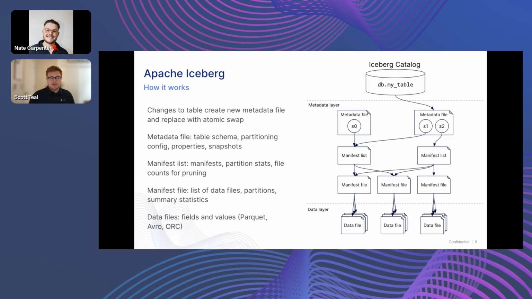Then there are metadata files that keep track of the table schema, partitioning, properties, and snapshots. There's the manifest list that keeps track of the various manifests, the partition stats, and file counts for pruning and query execution. Then the next layer down is manifest files, which is essentially a list of data files, partitions, and summary stats. And at the lowest level are the actual data files, which, if you were to query a table, are the actual fields, rows, columns, and values.